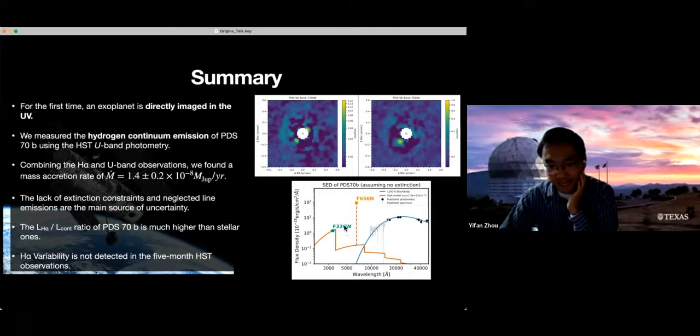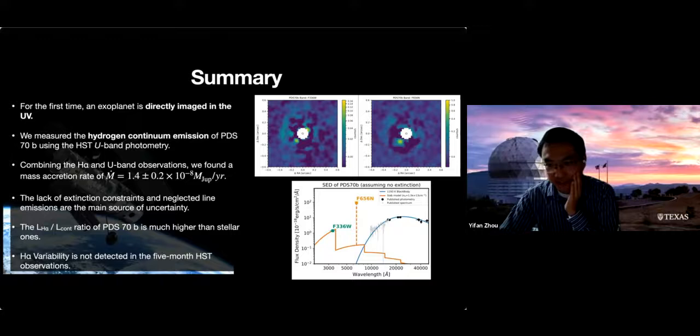So to get a 5 sigma detection in the U band, which is helped by this Balmer jump, we already need 18 orbits of HST time. To observe it in other optical bands, that would ask for probably double or even triple the telescope time to get a detection. So I would say that is very challenging.